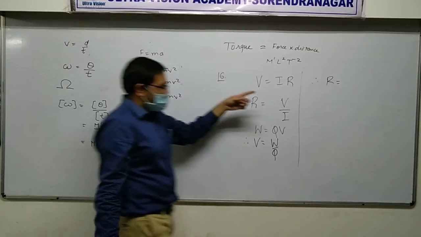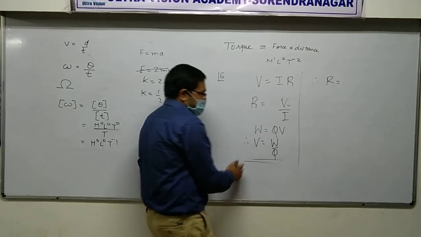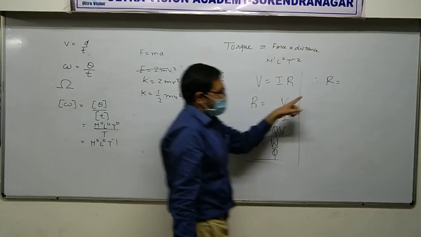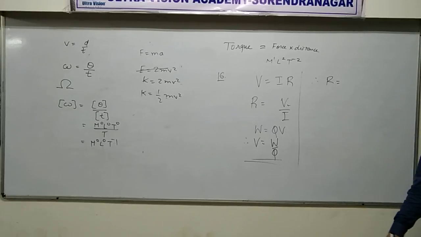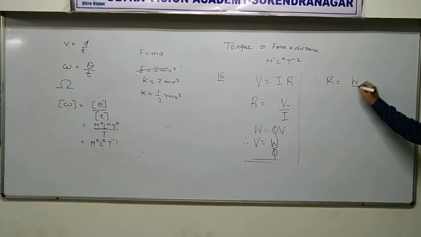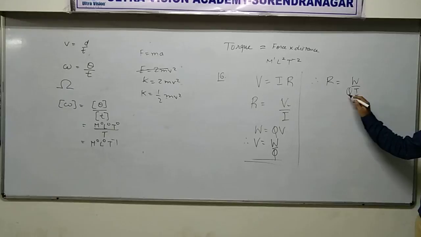R is equal to, if I put V's value over here, this is V's value, isn't it? Then what do we get? R is equal to W upon I, anything else? W upon QI. Yes or no? Sure? Okay, W upon QI.